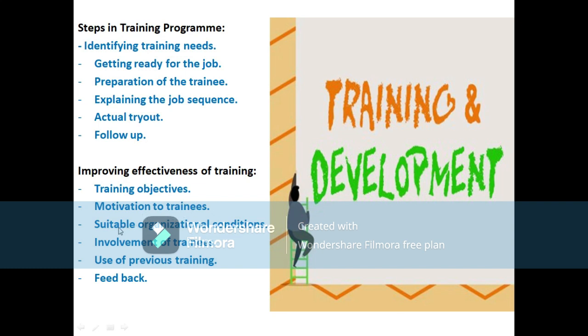Next, coming to suitable organizational conditions. The conditions prevailing in the organization should be conducive to the training programs. The conditions should encourage the employee to learn more and more. A person learning better techniques of doing things should be suitably rewarded also. It depends upon the organizational conditions.